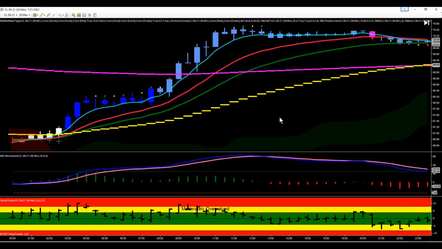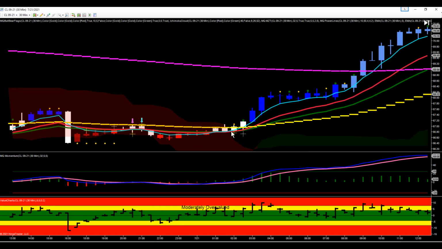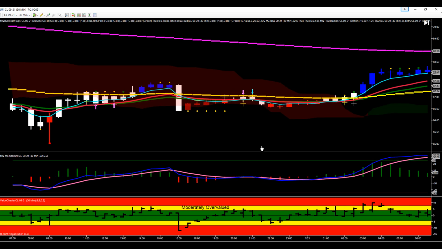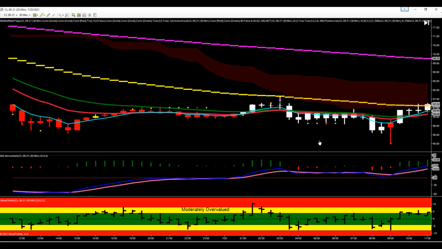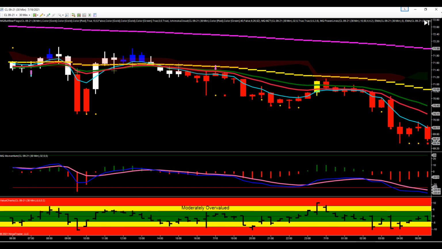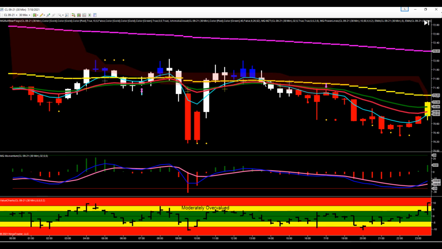But even crude, you can see, has significant reactions to the 50 EMA. Hit it once, twice, third time, fourth time there. Couple times here. 7 times here. 15 times there.